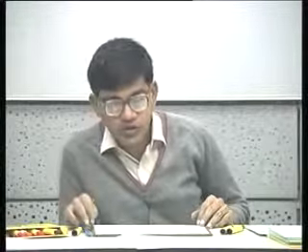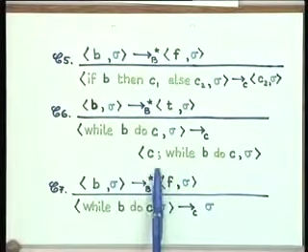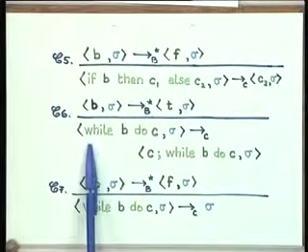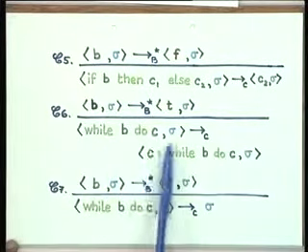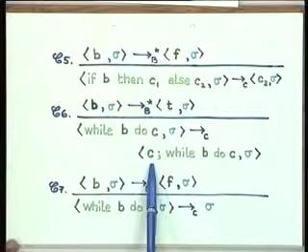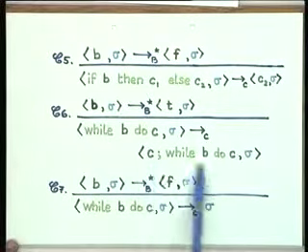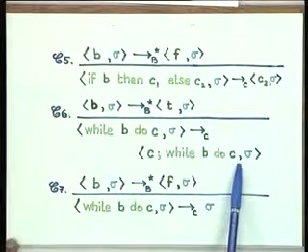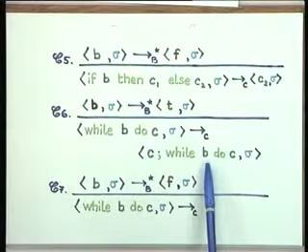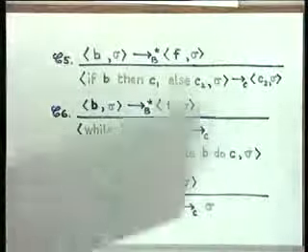C6 says that this moves in one step to a program which has this form, and the sequential composition rules tell you that there could be state changes.